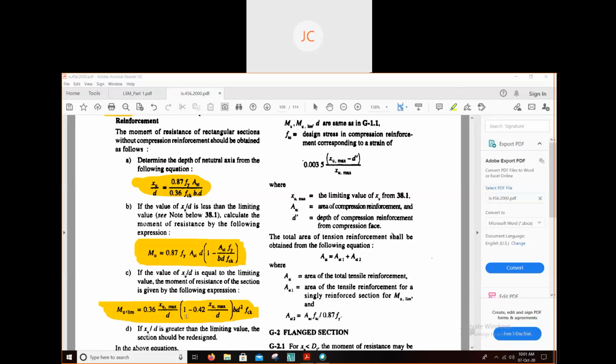Because we can find the value of Xu max. Okay. Any other answer? Shiroda, why are we not using this equation, Mu lim? Benison, Oinam, why are we not using the equation of Mu lim?